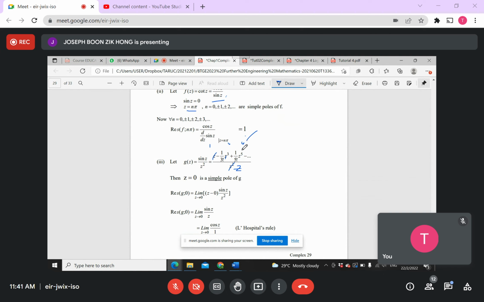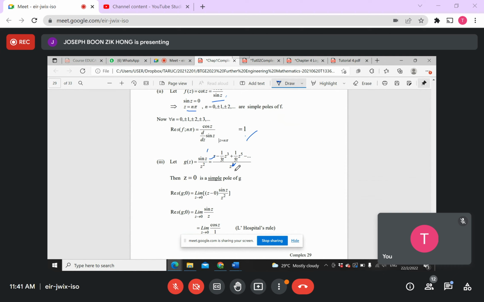That's why they have the simple pole when z equal to 0. So this one is no more, only z is left here.